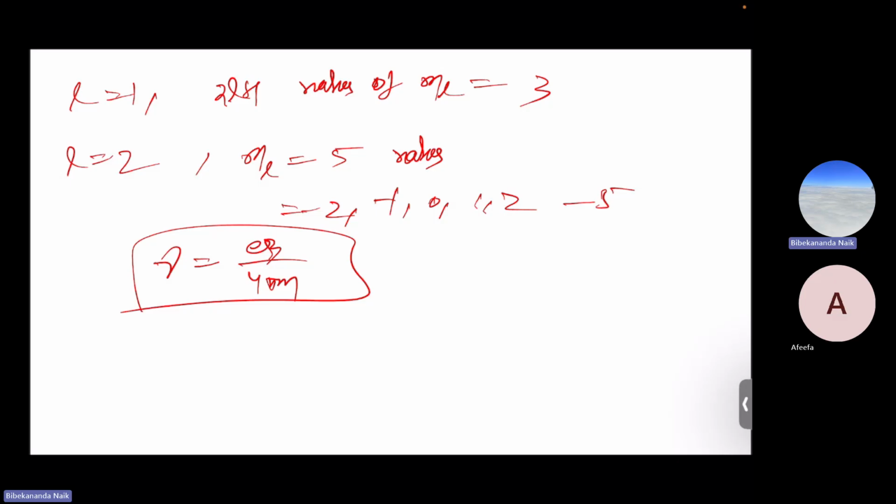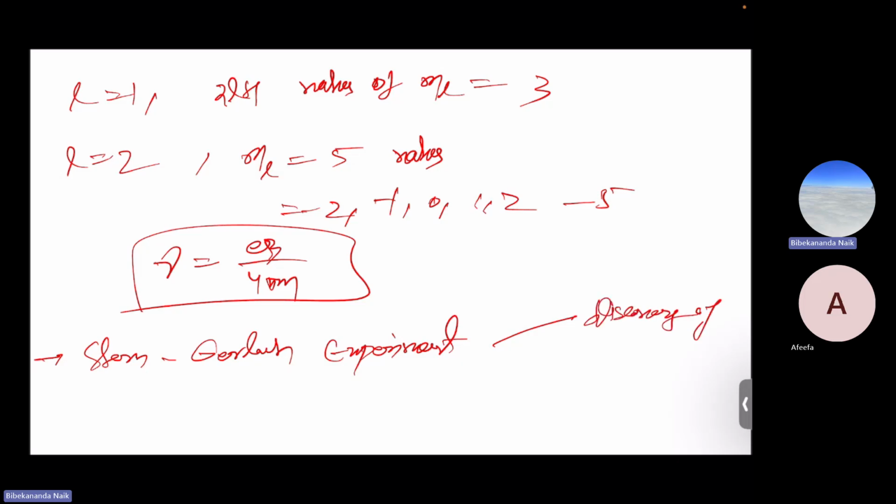Again, the concept of the Stern-Gerlach experiment was discussed. Basically, it led to the discovery of electron spin, and it also explained the concept of space quantization.